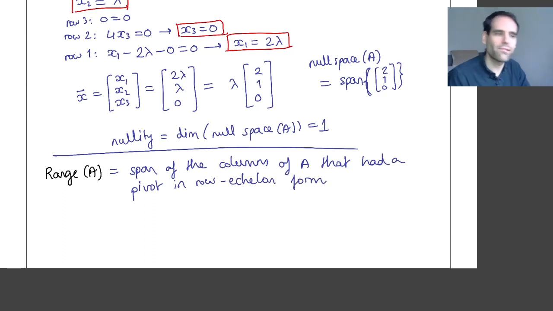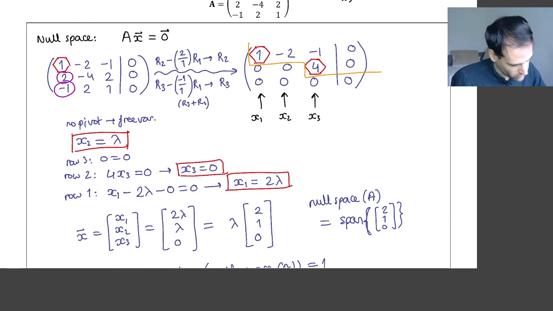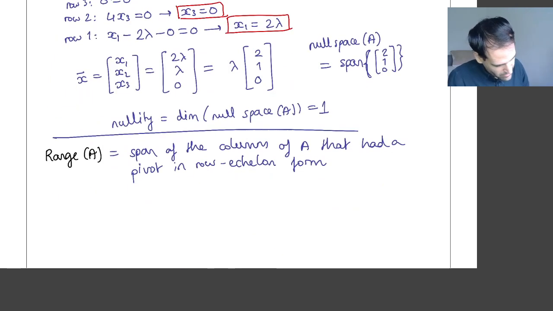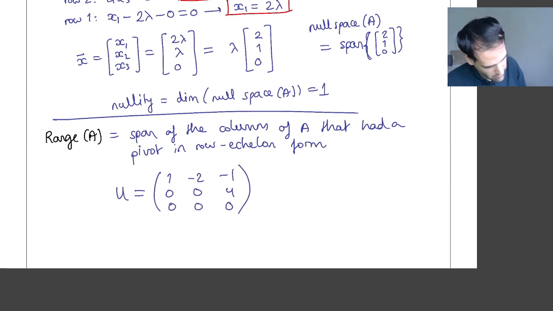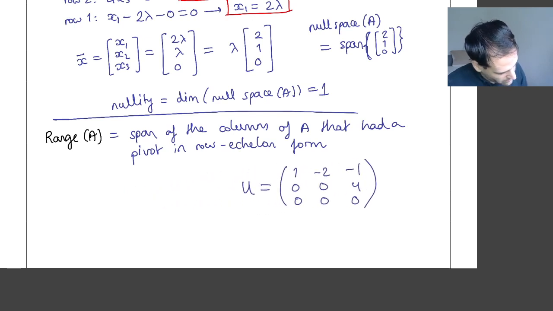So this is really simple. So row echelon form is this matrix U. Let me copy it here. Okay, this was the matrix in row echelon form. And the original matrix, I'm going to copy it here.